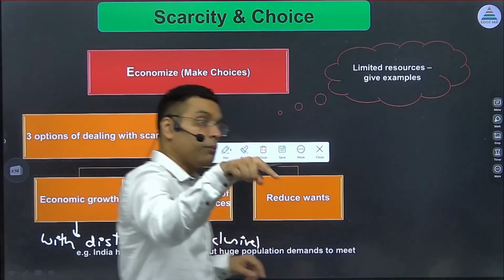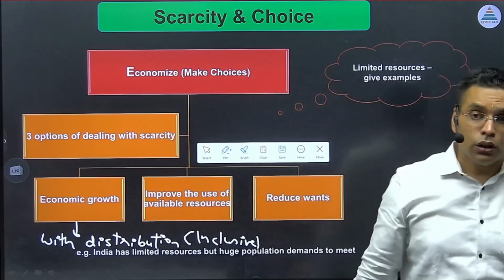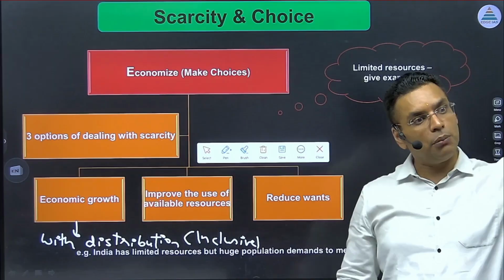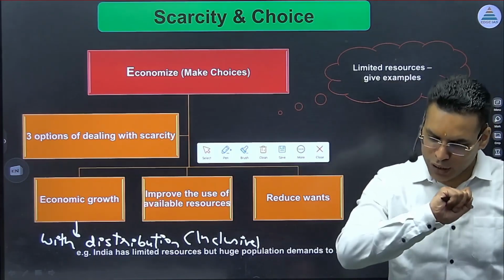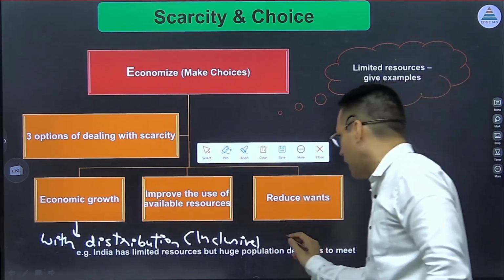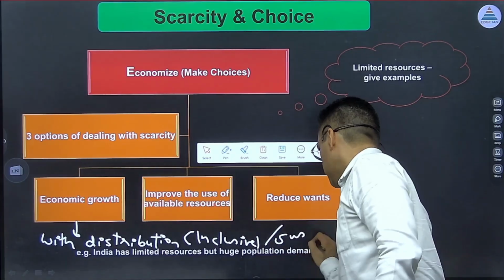But growth should be sustainable also. What is the meaning of sustainable growth? The growth should be sustained for the coming years and decades and centuries. ऐसा नहीं growth आज आया कल नहीं आया. Growth has to be sustained. So it should be inclusive and sustainable, both.